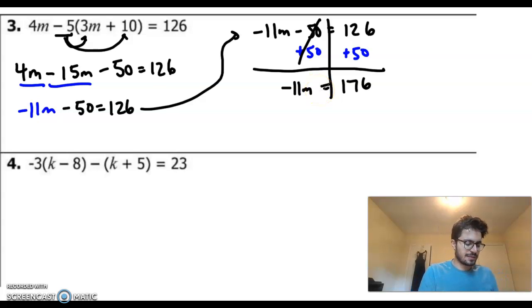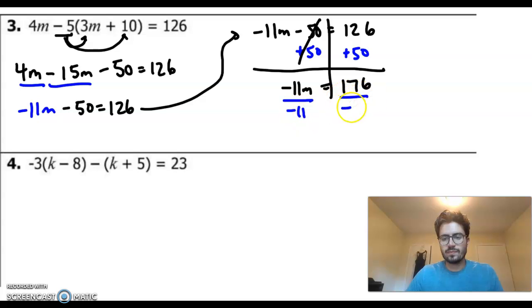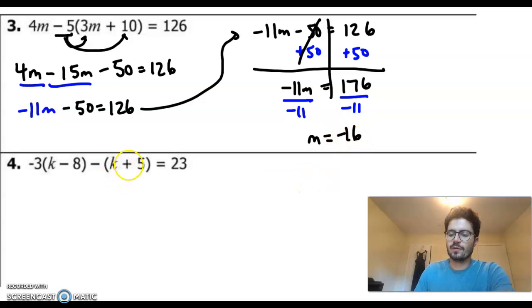And then the last thing I need to do is divide by negative 11. I'm going to get m is equal to negative 16. Look at that.